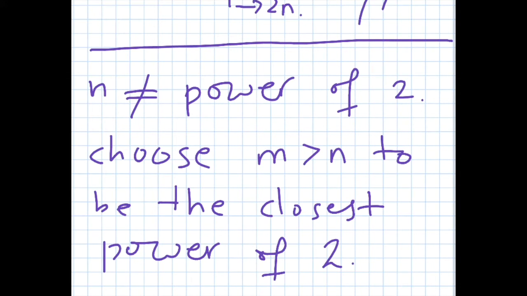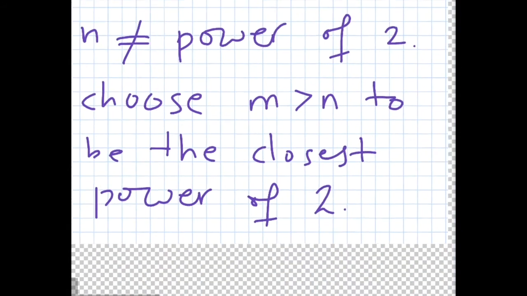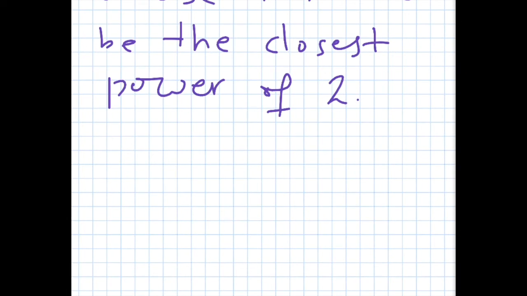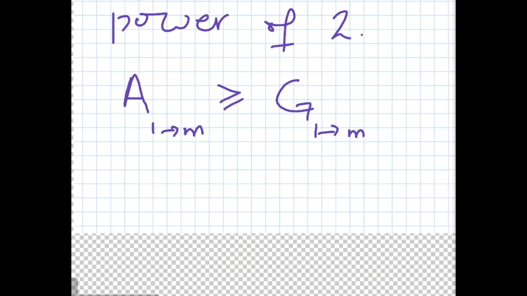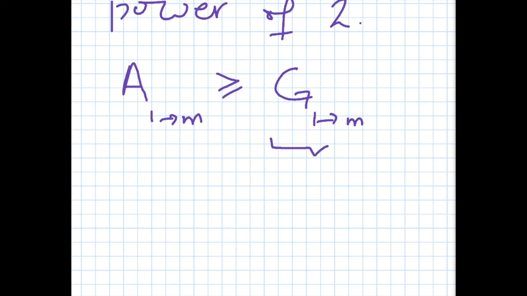So there is some m which is greater than n and which is the closest to n. Since m is a power of 2, we have already proved that the arithmetic mean of 1 to m is greater than or equal to the geometric mean of 1 to m. Now let's open the right hand side.